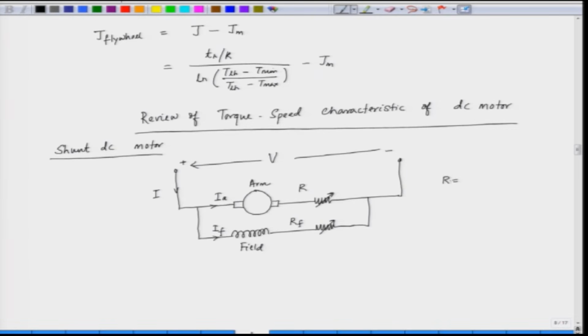R is the total resistance of the armature circuit. What is RF? RF is the total resistance of the field circuit.